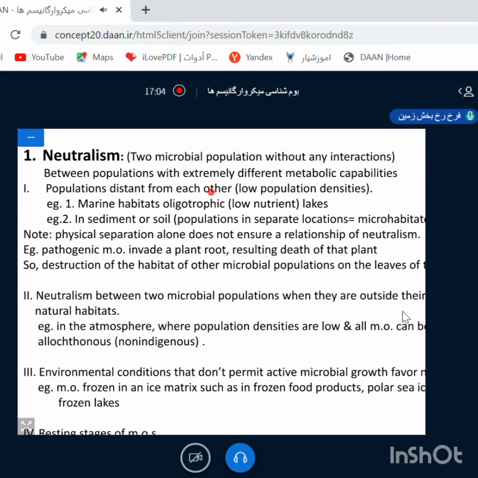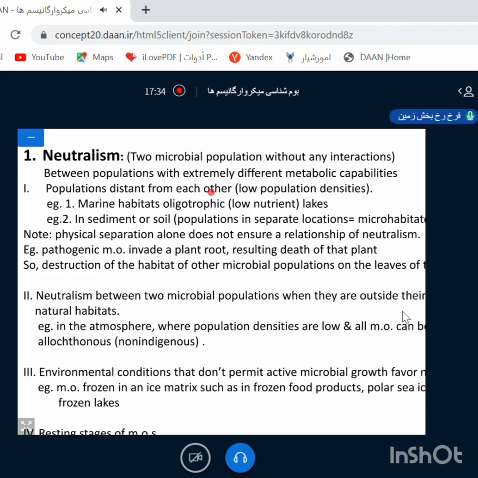Put one population in one flask and the other population in the other flask, and put them close to each other. So there is a barrier between them. How can they have any interaction? When there is a barrier, there is no interaction.